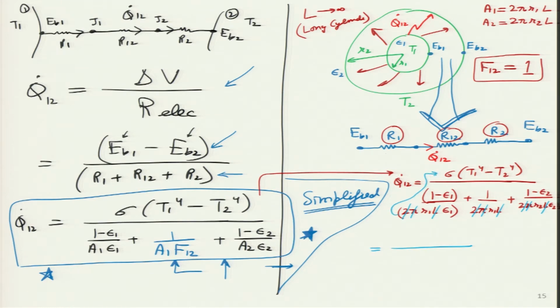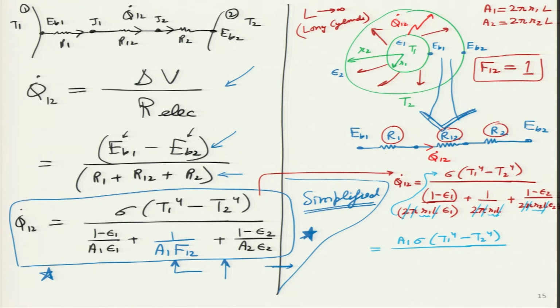These terms I can put on the top, 2 pi L, and I can take R 1 along with it, then I will divide it by R 1 on the last term. Let me go ahead and do that. I get in that case A sigma T 1 to the power 4 minus T 2 to the power 4. Then what is the first term over here?